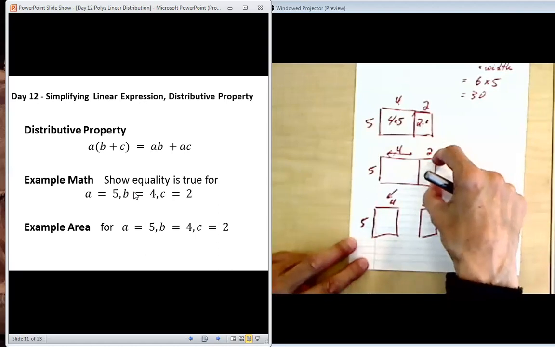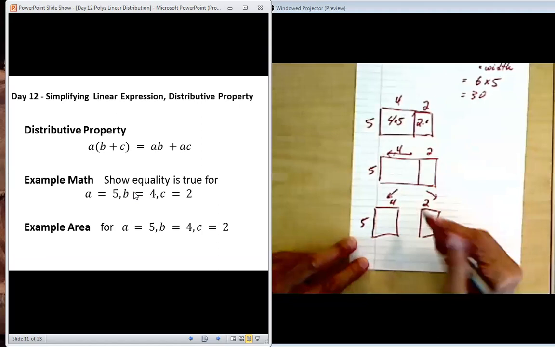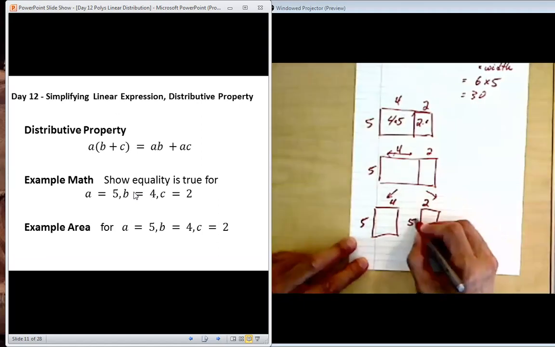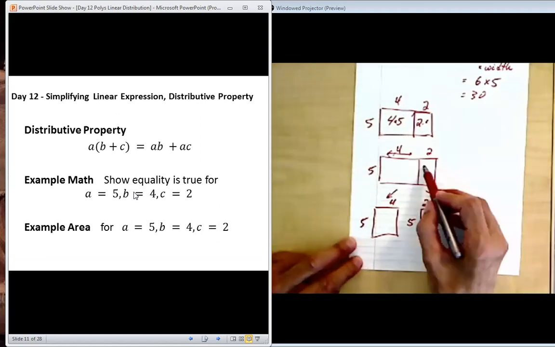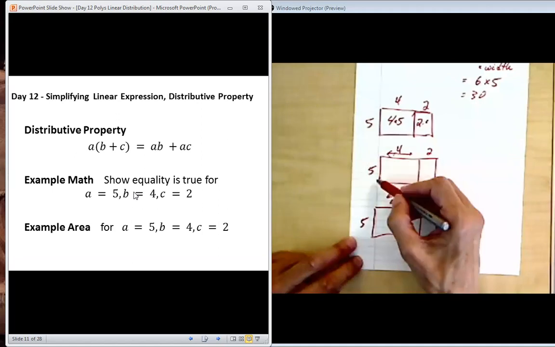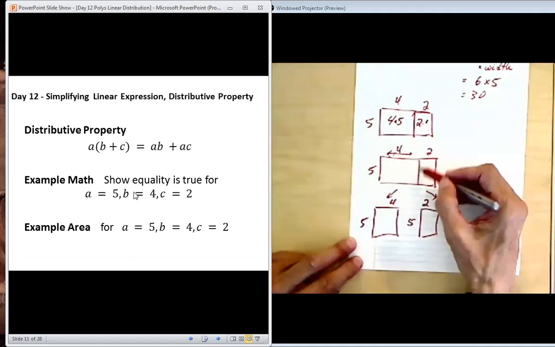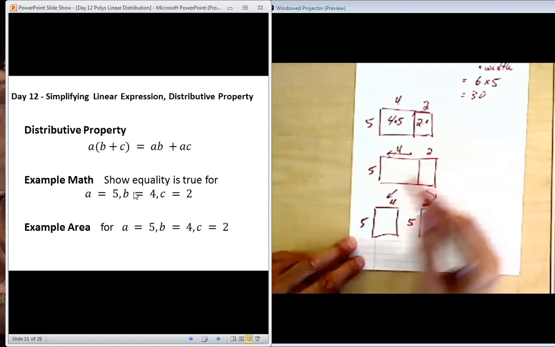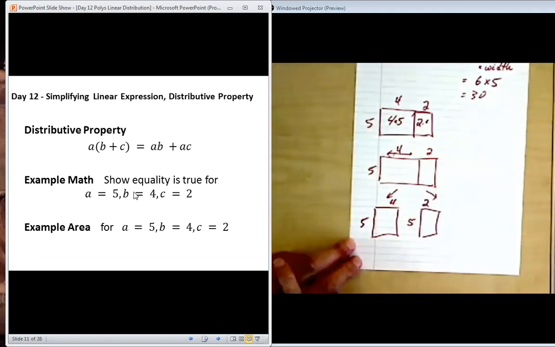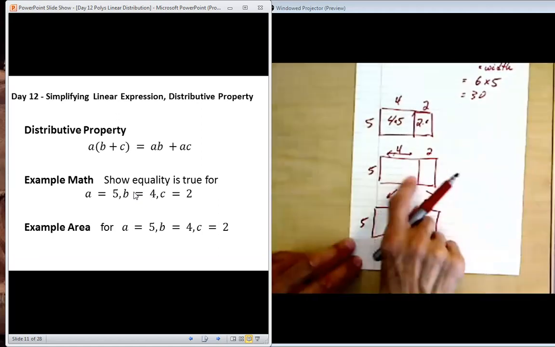It's like your yard or something like that. The front of your yard is 5, so this part is 5. That length is 5 in the back, right? 2 separate pictures now in one.